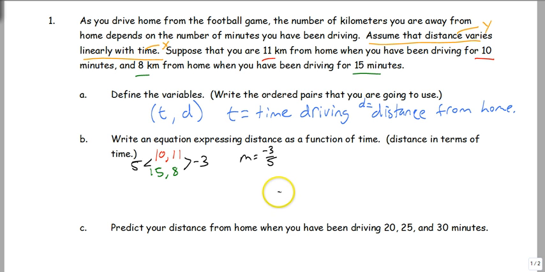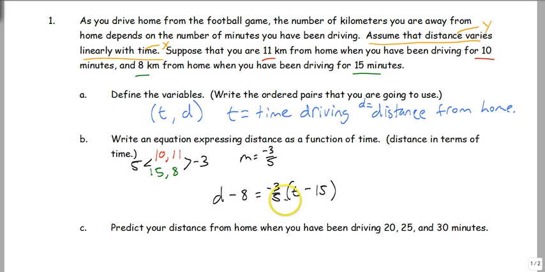I have to use d and t. So my d minus 8 is equal to the slope times t minus 15. The reason why I chose this one, well, actually it really doesn't matter which one you choose. There was no big reason.